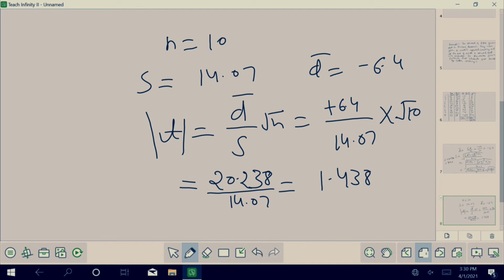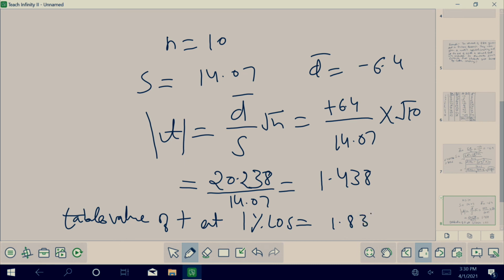And we have been given the table value of t at 1% level of significance in the question, 1.833.